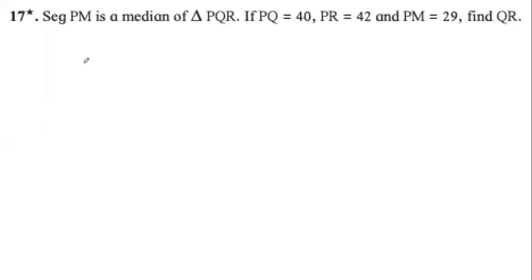So we have a triangle PQR. PQ is 40. PR is 42. And PM, what is PM? PM is the median. That means M is the midpoint of QR.